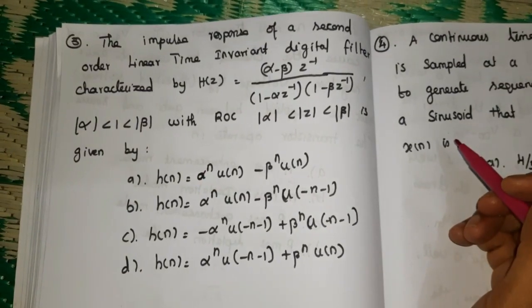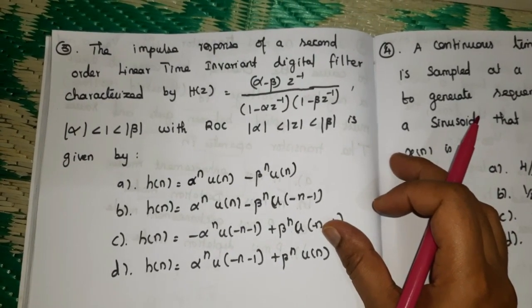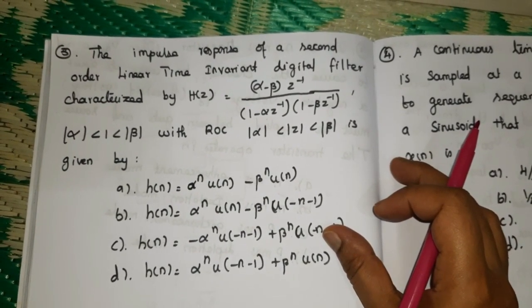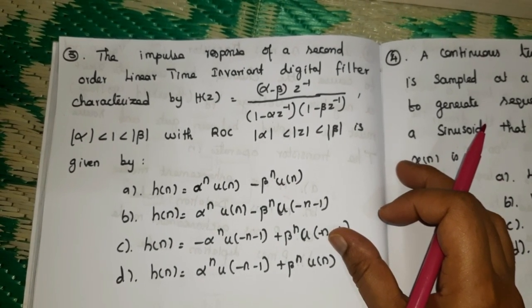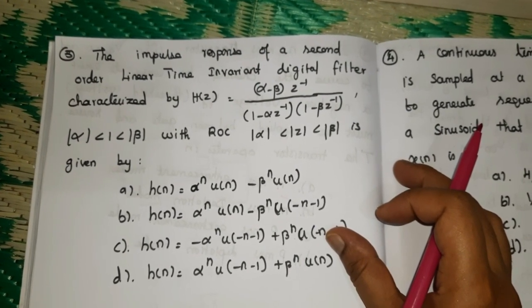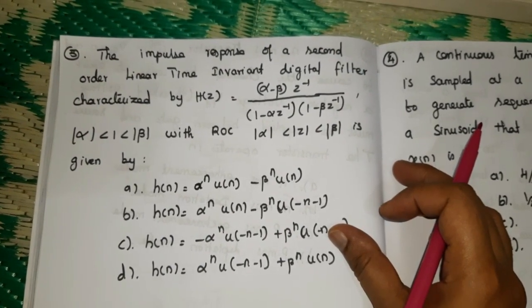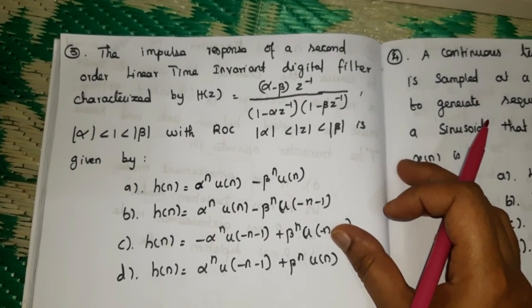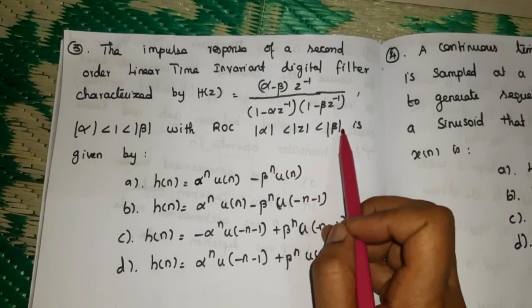Next question: the impulse response of the second order linear time invariant digital filter characterized by H of z is equal to alpha minus beta z power minus 1 divided by 1 minus alpha z power minus 1 into 1 minus beta z power minus 1. Here the condition is alpha less than 1, beta greater than 1, with ROC z greater than alpha and less than beta.